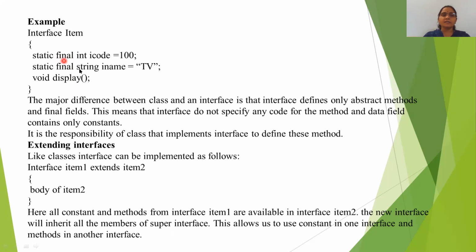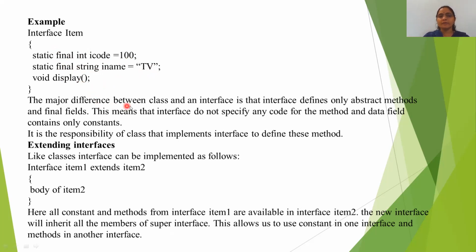This final word is very important for the variable declaration in case of interface. I assign the value 100 to the item code and the value TV to the item name, and one method, display method. Remember that you just declare the method, do not define the method here, only declare.